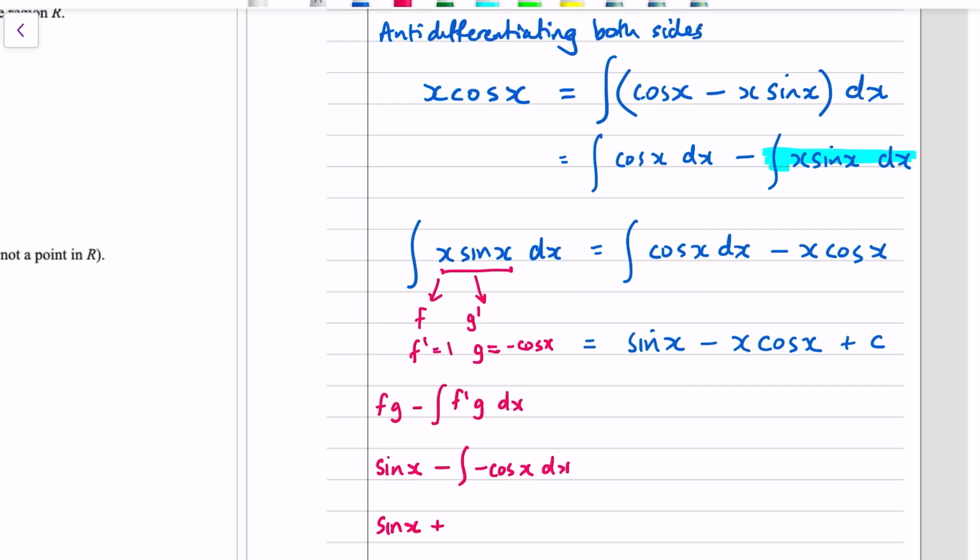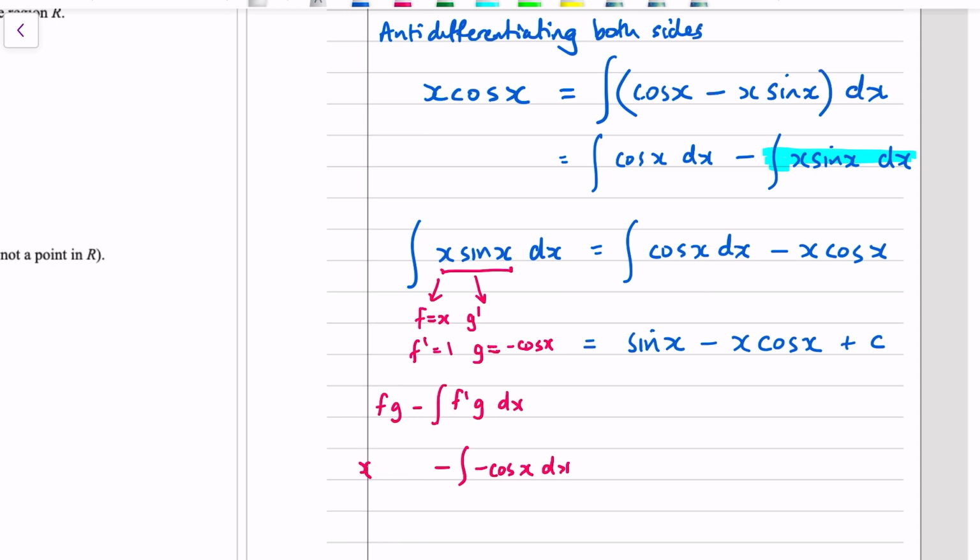Something has gone awry. Oh, because f wasn't equal to 1, f was equal to x, so there needs to be an x there. I've stuffed this up completely. My goodness.